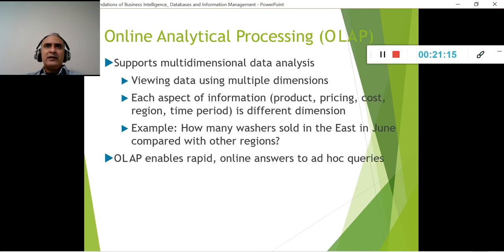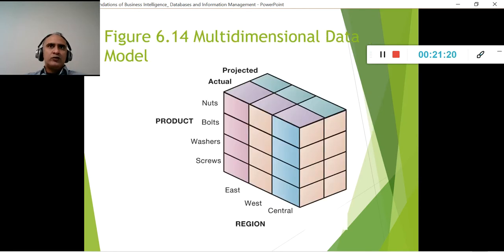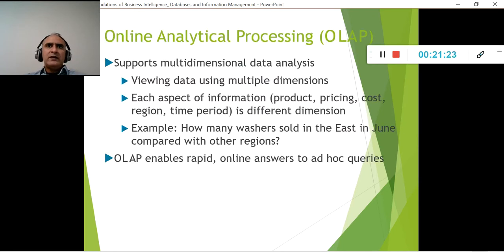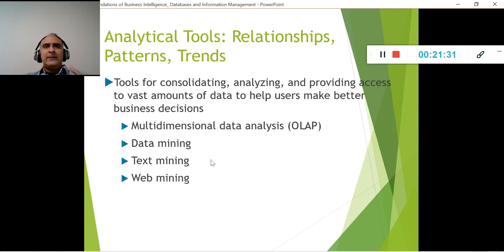So here we need to understand that we're going to extract information to know some things. For example, the question is how many washers were sold in the East in June compared with other regions. So we are going to use text, data, and web mining.